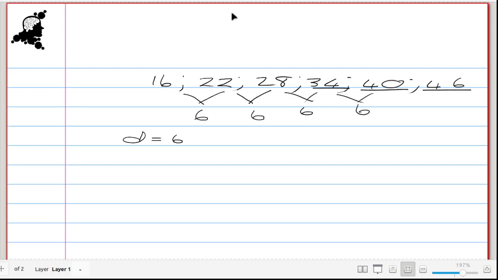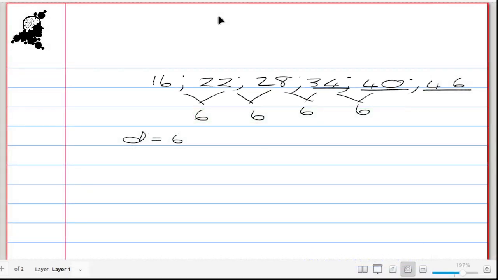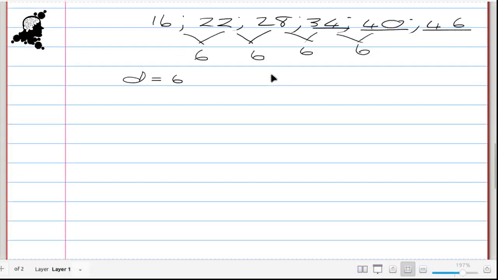All right, let's look at the next question. Determine Tn. We're determining the general term. So once again, Tn is equal to a plus n minus 1 multiplied by d. The value of a is our first term, which is 16.